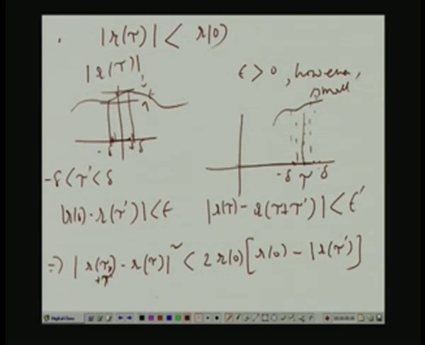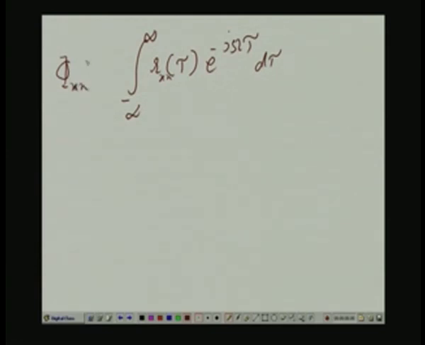Now, for all our purposes, I will assume that r tau is such a function that mod r tau is given to be continuous at the origin, and therefore, it is continuous everywhere. Under such a case, I now define one quantity, the analog Fourier transform, phi x x.